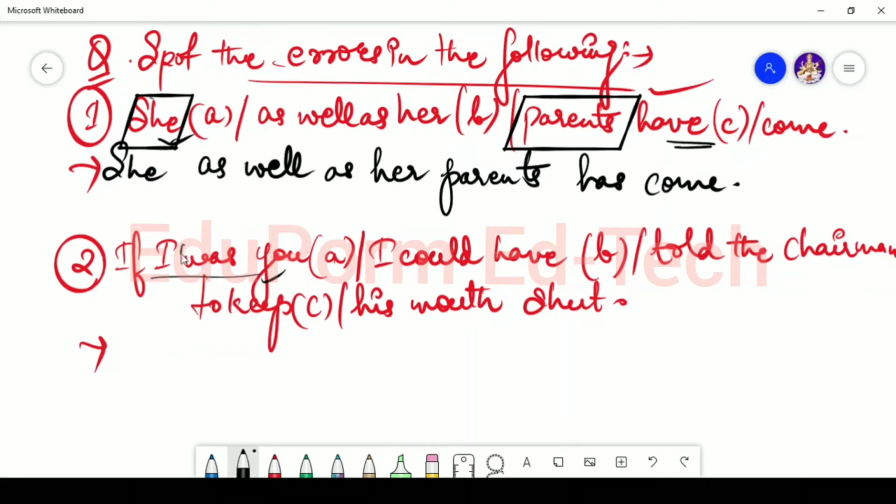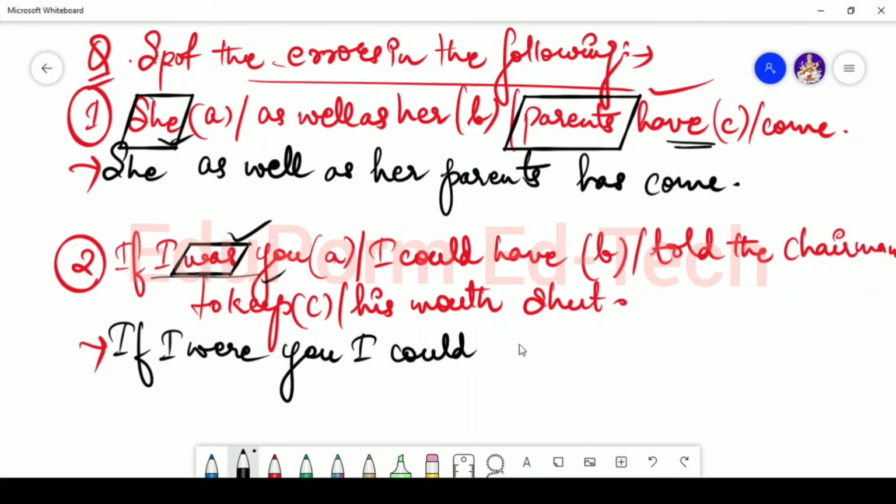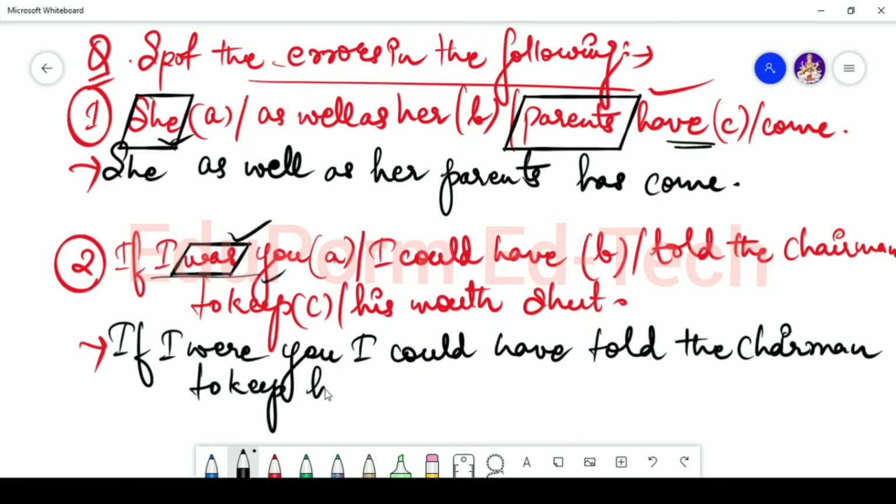So in this case you make sure that you are using the plural verb. So the sentence form will be: "If I were you, I could have told the chairman to keep his mouth shut." Got it? Let's see some more questions.